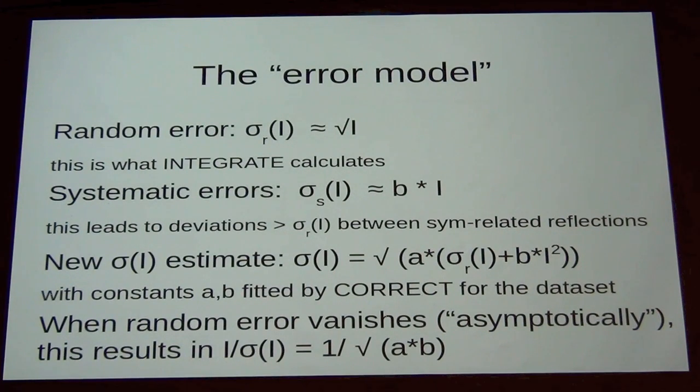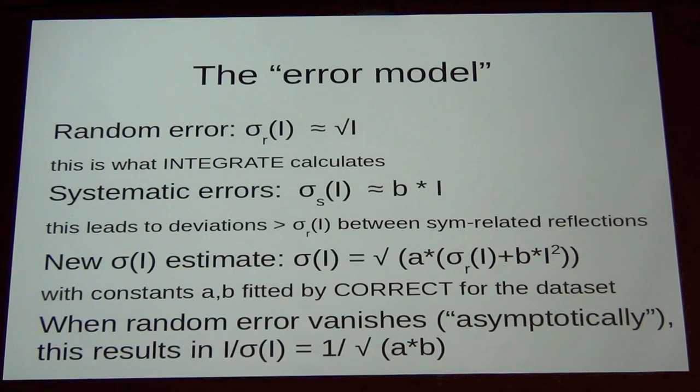But with this very simple error model, it is very easy to say that if the random error vanishes, in case of a very strong reflection, this would result in I over sigma of 1 over the square root of A times B. So once you know what A and B are, and CORRECT tells it to you, you can calculate this quantity. This quantity is the highest I over sigma that any reflection can have in your data set, given the existing systematic error.